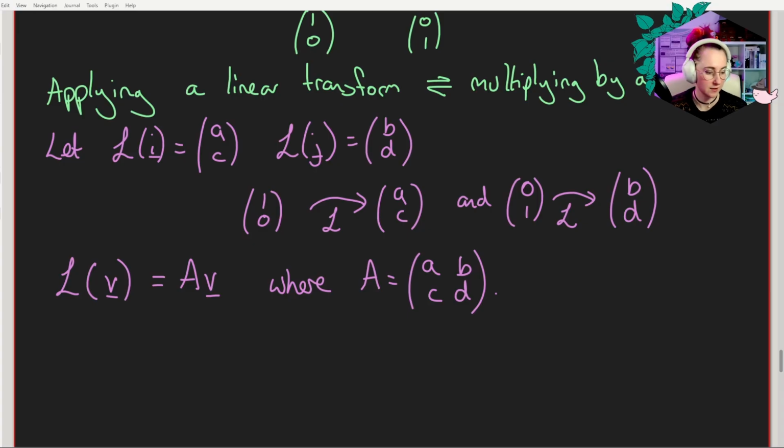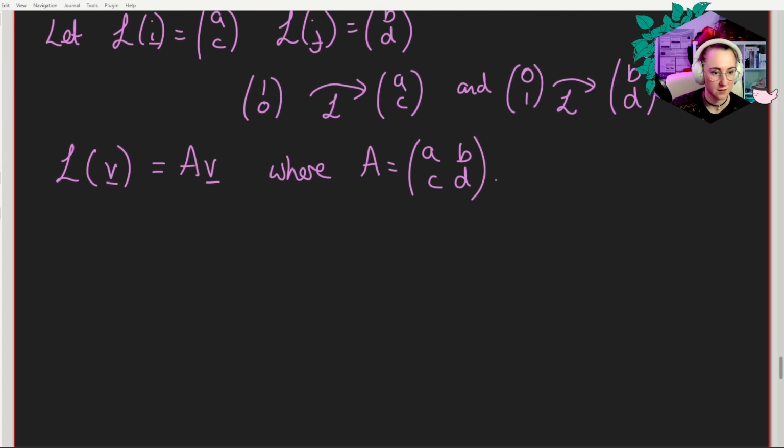So if I want to do this rigorously, I would say AV is, remember, the matrix (A, B; C, D) times V, which is (V1, V2).